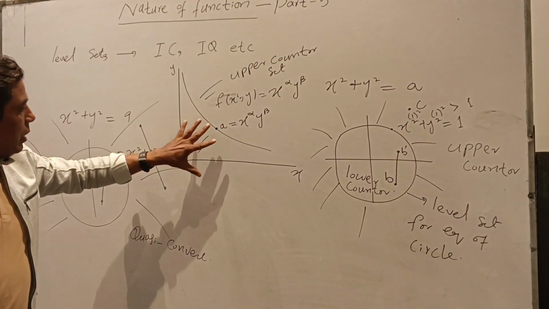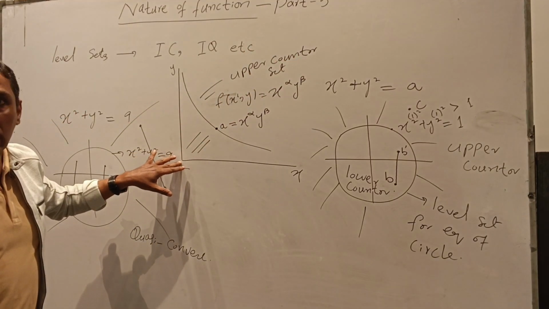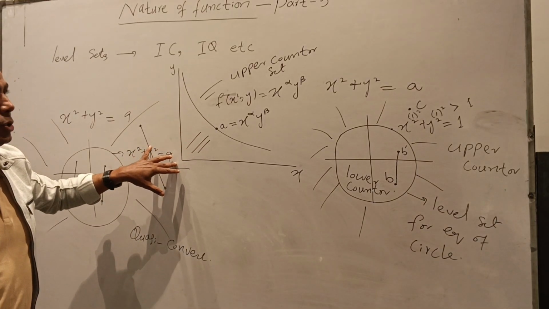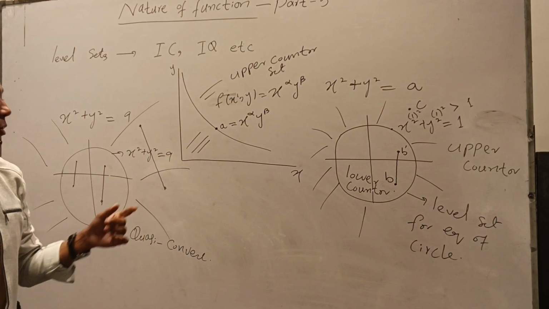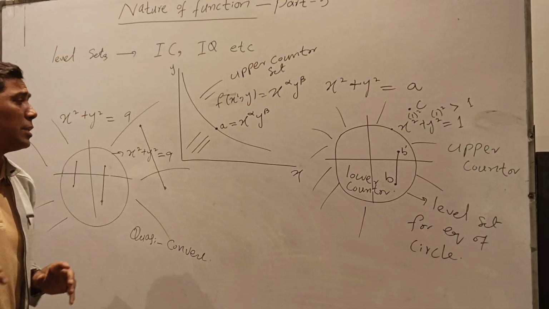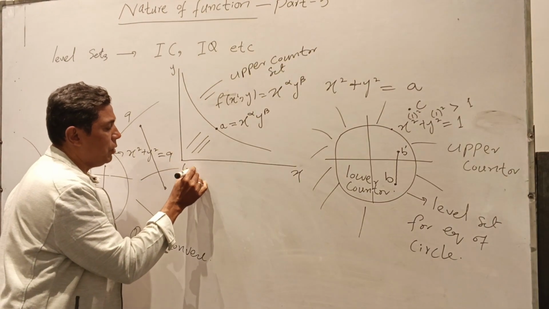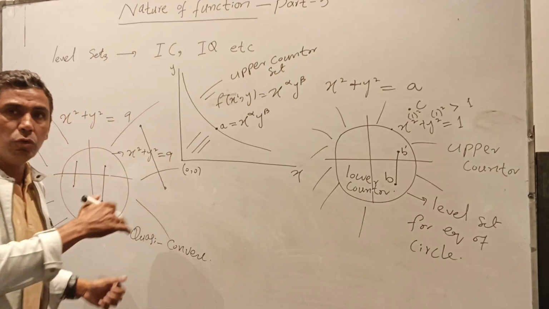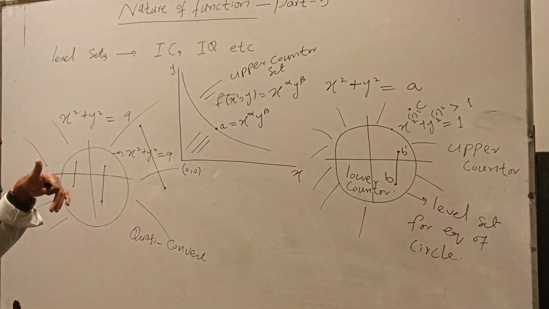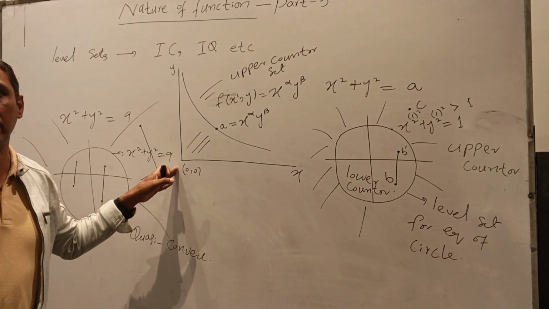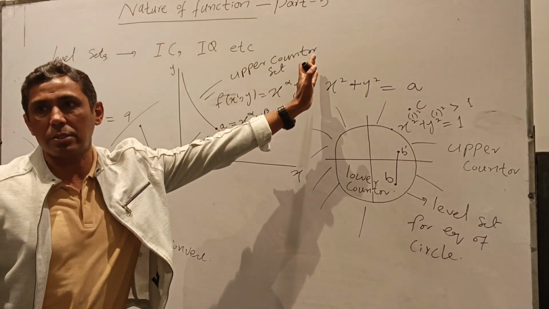In case of the lower contour, for example in this direction, there is a constraint of origin. What is the constraint of origin? You decide that 0 and 0, you cannot move in the negative quadrant. That is your final constraint here, but there is no constraint here.